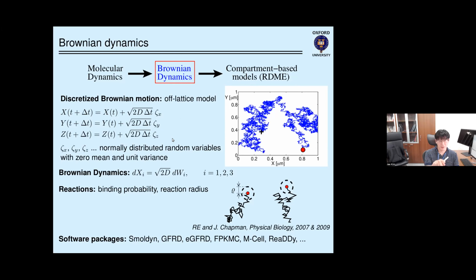Radek, do the binding probability approach and the reaction radius approach lead to the same result, or are they different? My question is, I guess the reaction radius approach is when two molecules are under a certain radius, the reaction occurs, right? Yeah, that's the underlying method to implement a reaction: if there's some reaction radius and the molecules are sufficiently closer than that, then some interaction could happen with some probability.